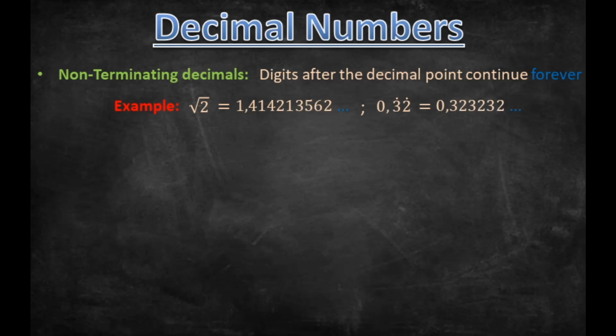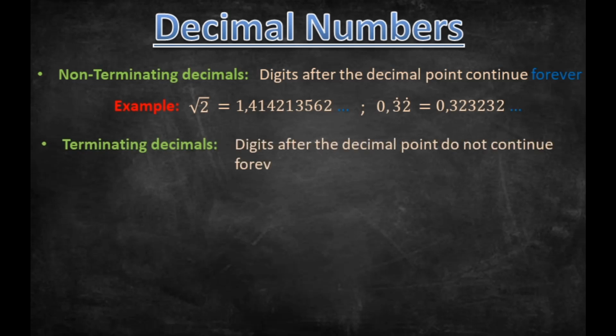and continue forever. Then the second type of decimal is a terminating decimal. Here the digits after the decimal point do not continue forever. Examples are 125 and -30,7834.